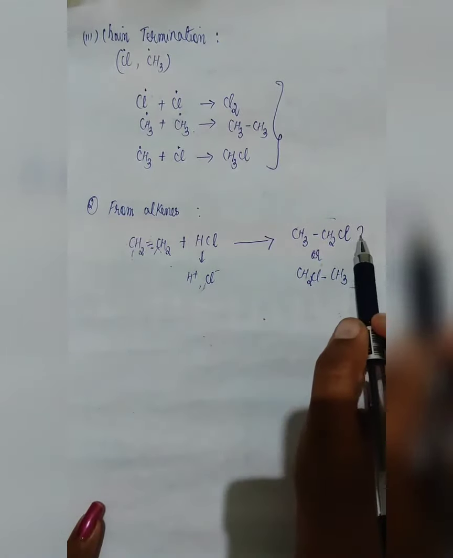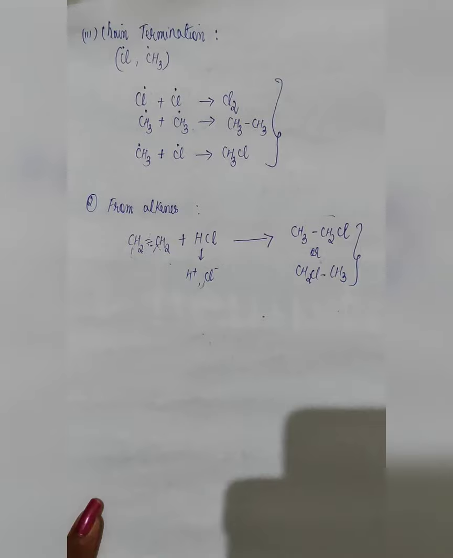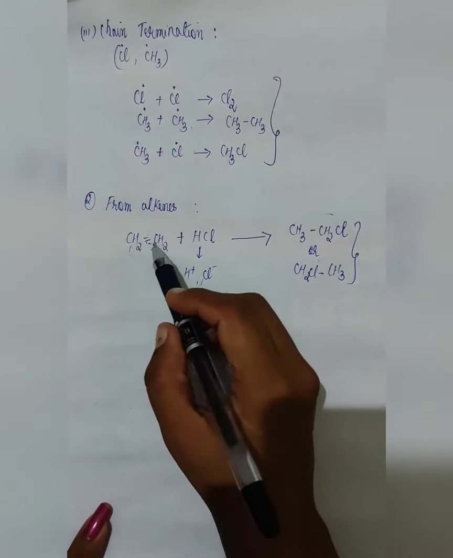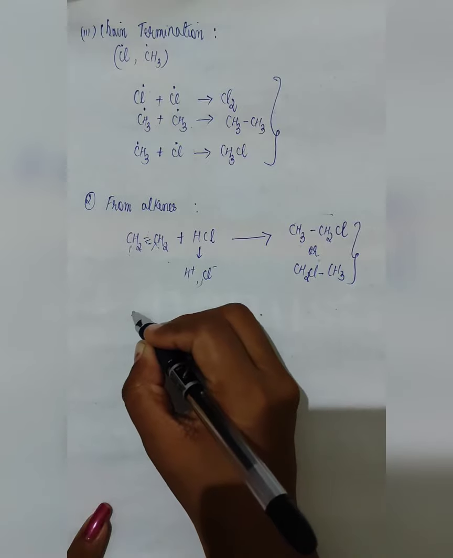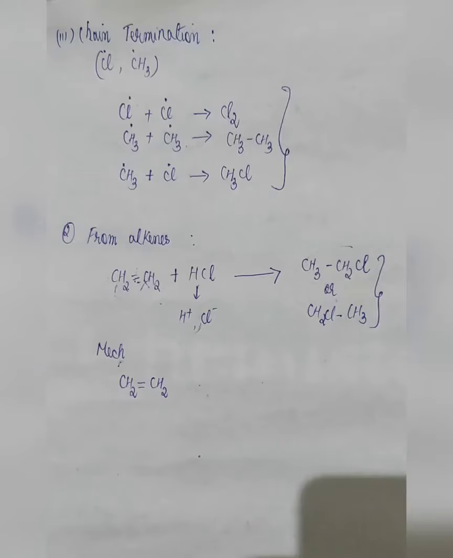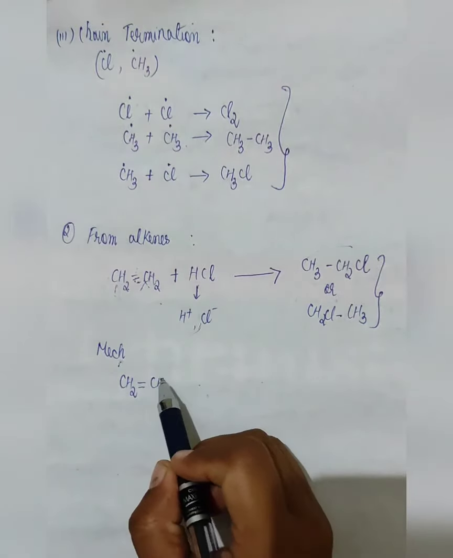Now how bond breakage will take place, you can go through your Markovnikov's rule. Or, okay, let me show it here. It's not needed to write this down in your copy, you can just write only till this. Let us see the mechanism: CH2=CH2.